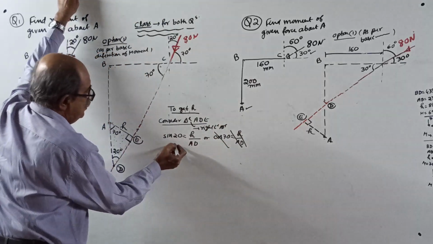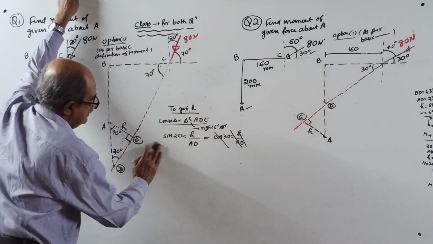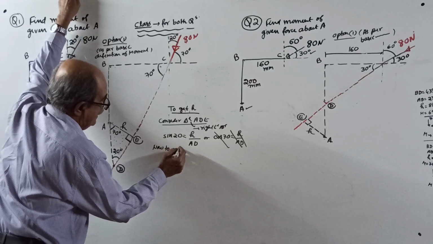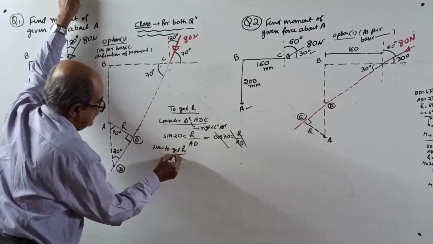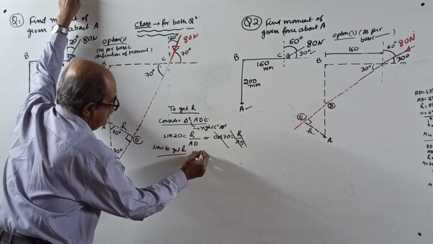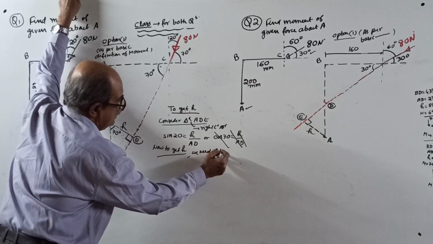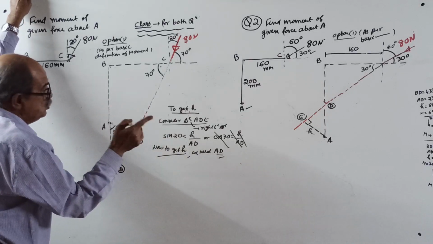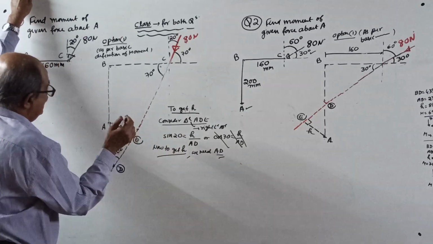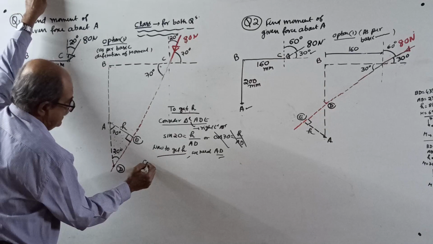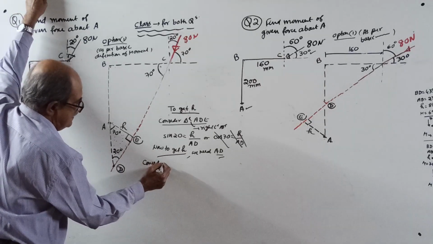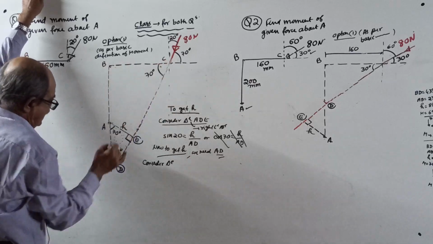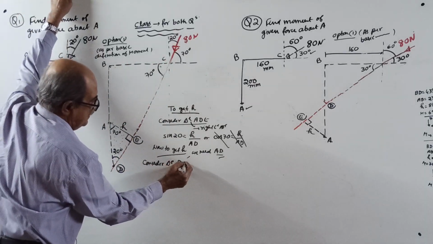Okay. Now, to get the value of H, we need the AD value. What is AD? From A to D. How to get AD? For that, consider the triangle, full triangle, BCD.